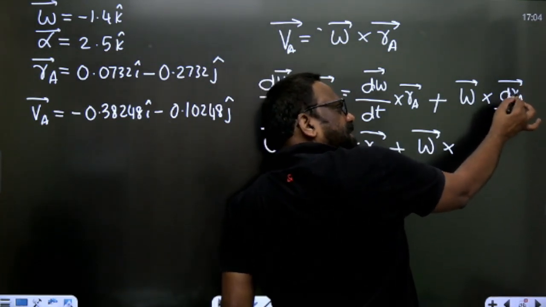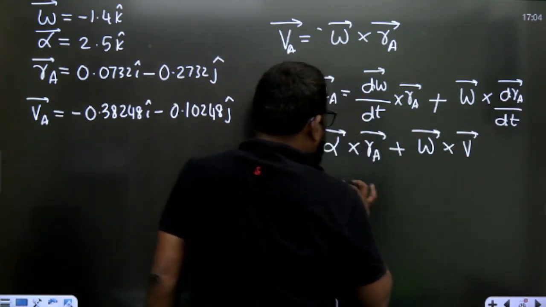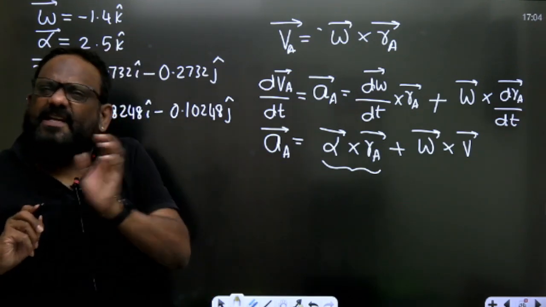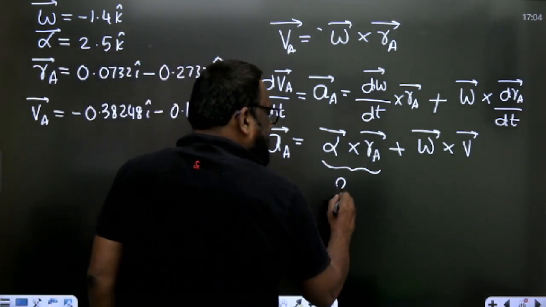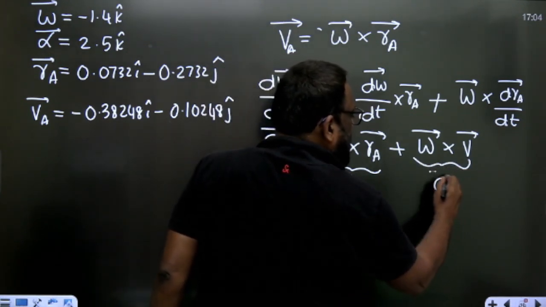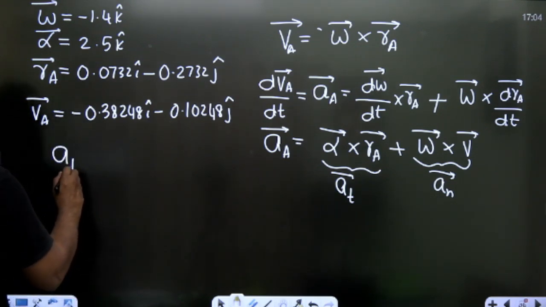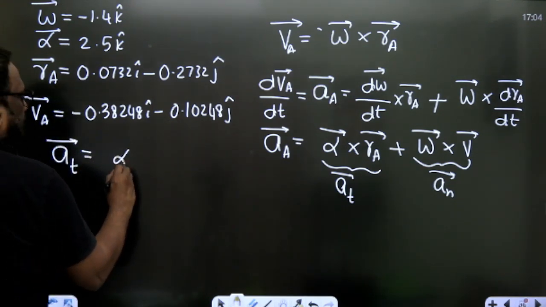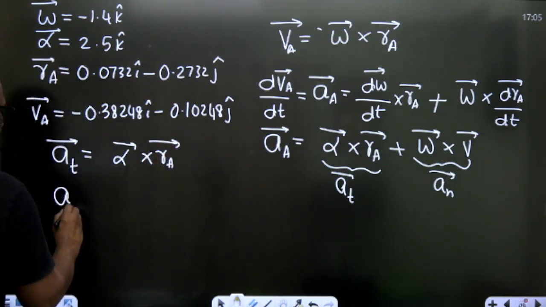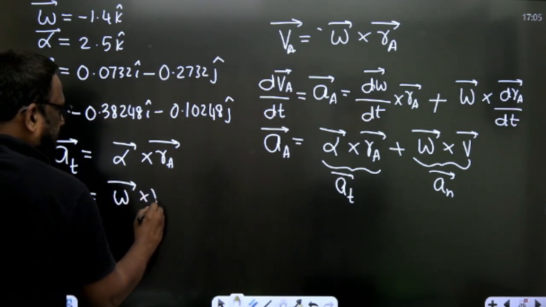R is position, change of position is displacement, displacement by time is velocity, that is v. Remember, sir, when in vector form it is very easy to calculate. What is this? It is the tangential acceleration. And what is this? It is the normal acceleration. So total acceleration has two components. The tangential acceleration is given by alpha cross RA, and the normal acceleration is given by omega cross V.